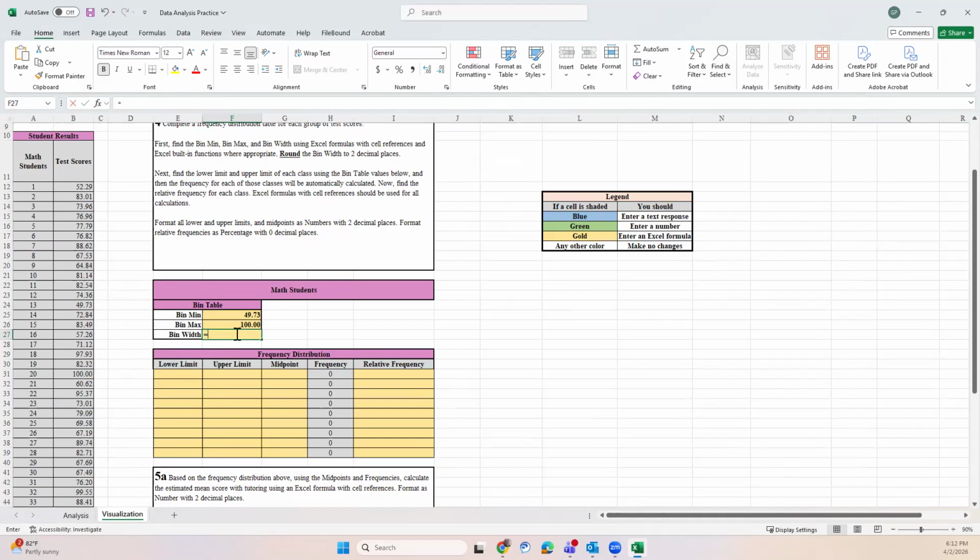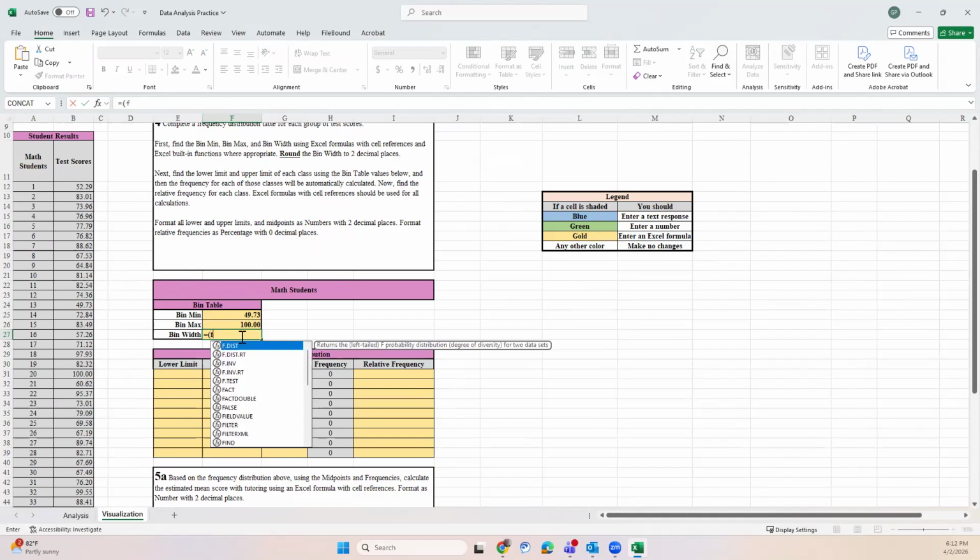So I'm going to use equal. I'm going to open a parenthesis, click my max. Now, if for whatever reason yours has popped up bigger and you can't see where your max is, you can always look up here. This is column F and row 27 where we're at. So I could go to column F, row 26. So I could do F26 minus F25.